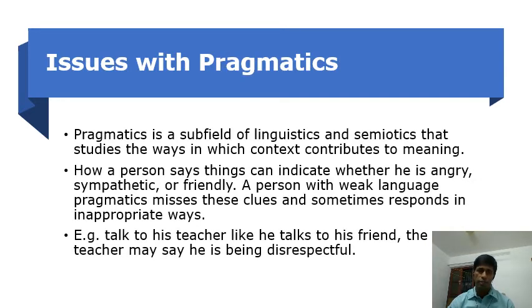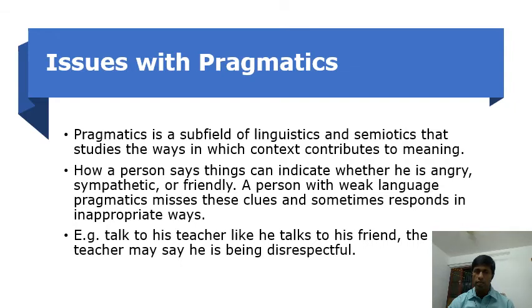Another set of issues faced by learners of a second language is issues with pragmatics. Pragmatics is a subfield of linguistics and semiotics. Semiotics is the study of signs and symbols and their use or interpretation. When we use language, we use a lot of symbols and signs.